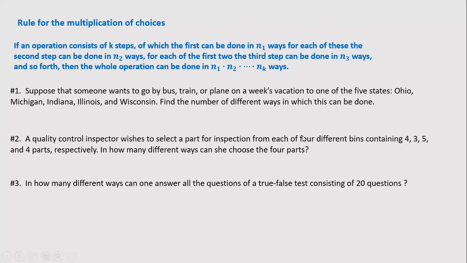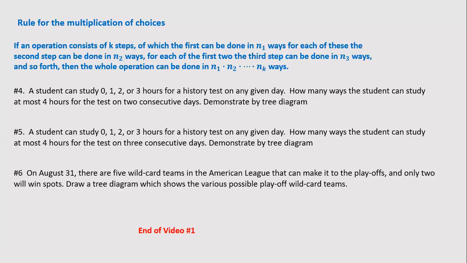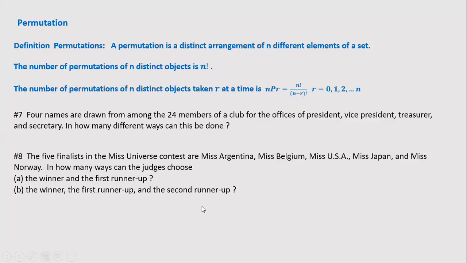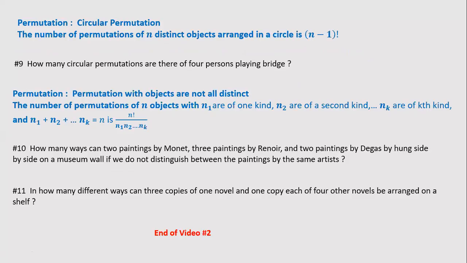Okay, so the first one, this is the one we covered: problems number 1, 2, 3, and problems 4, 5, 6. Those are the ones we covered in video number 1. Today we're going to talk about permutations, and we're going to cover problems 7a, 9, 10, and 11.